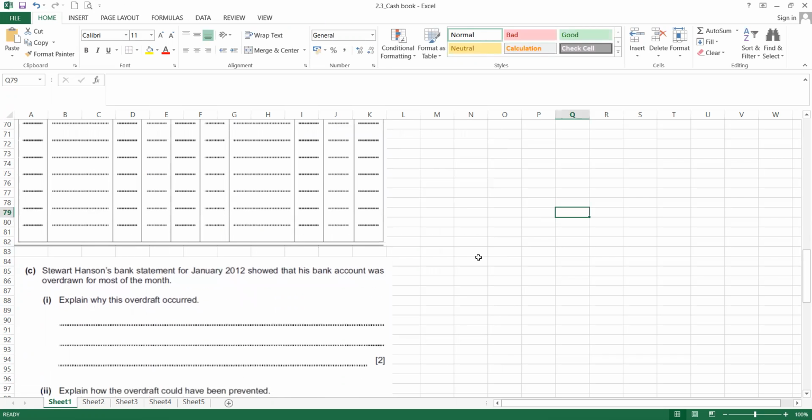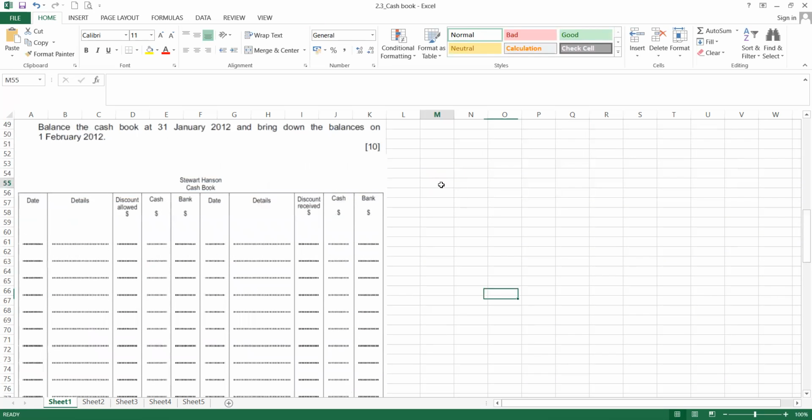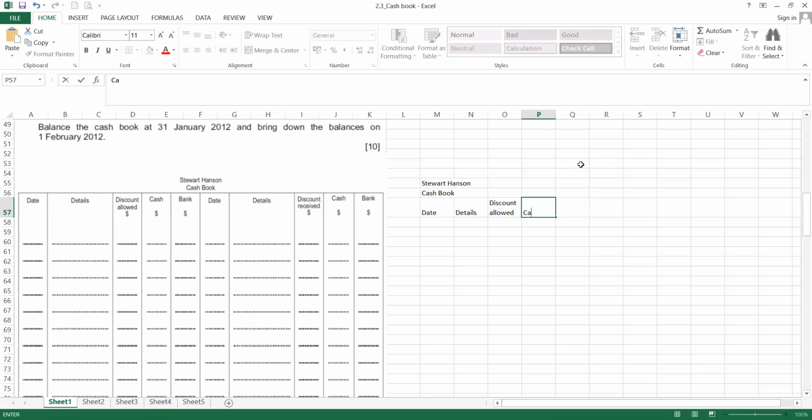Okay, let's continue. Let me copy all the information. Steve Hansen, cash book, date, detail, discount allowed, cash, bank.